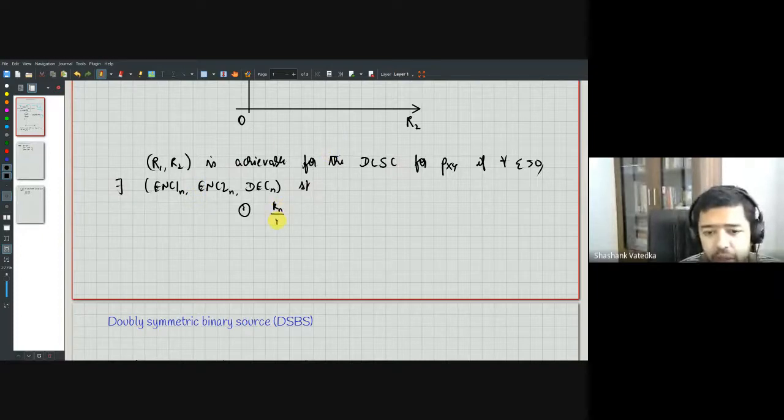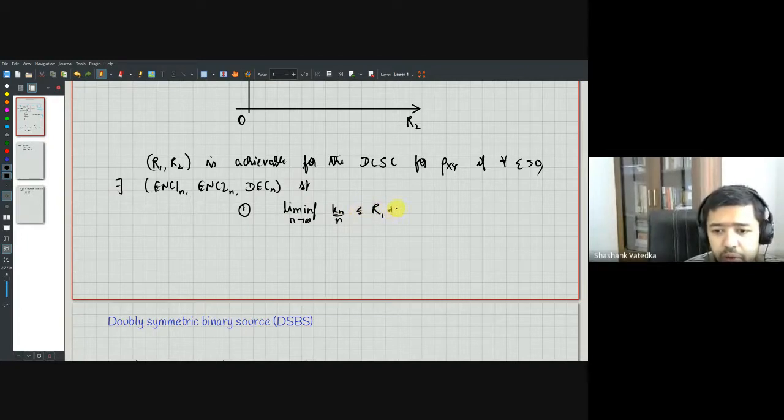So kn by n is less than or equal to R1 plus epsilon, and ln by n is less than or equal to R2 plus epsilon, as n tends to infinity.